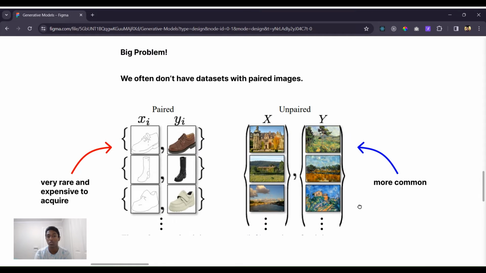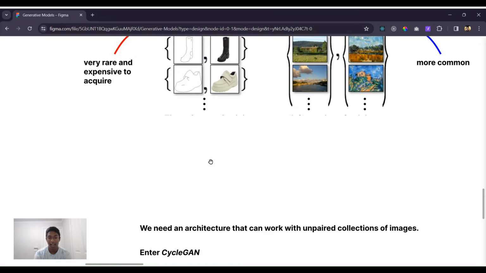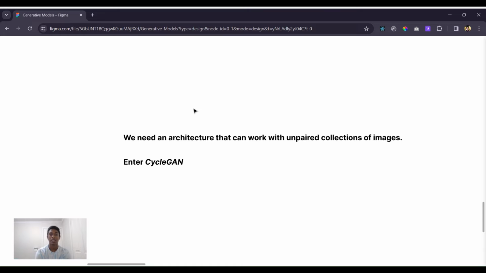And we want to be able to create a generative architecture which can use these unpaired datasets to generate new images of these domains. Currently, with the pix-to-pix architecture, we need a paired dataset. So we need to find an architecture that allows us to use these unpaired datasets. And that's where CycleGAN comes in. CycleGAN is an architecture which allows us to use these unpaired collections of images to generate new images.